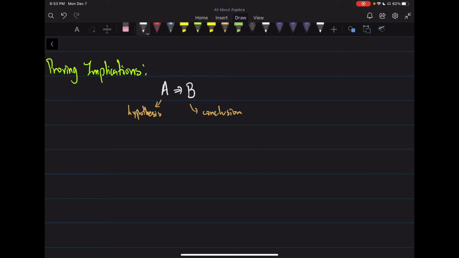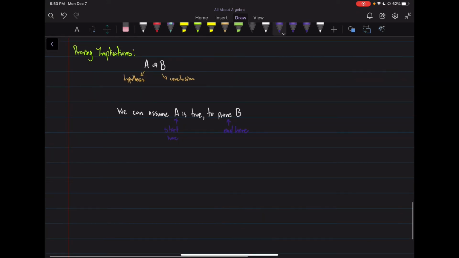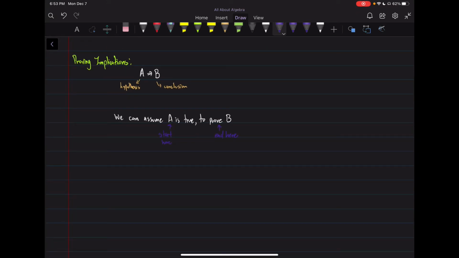You would make a hypothesis and you would try to prove that the conclusion aligns with your hypothesis, right? So we can assume A is true to prove B. This can be a starting point right here, start here, and then you have to end here. So you use A to try and prove that B is true.